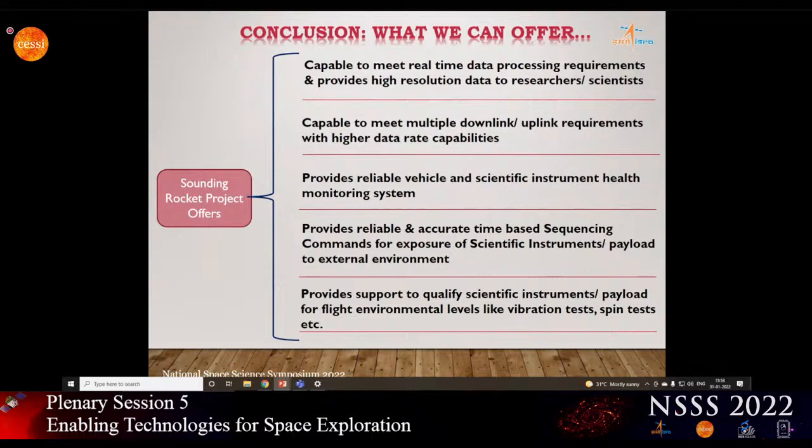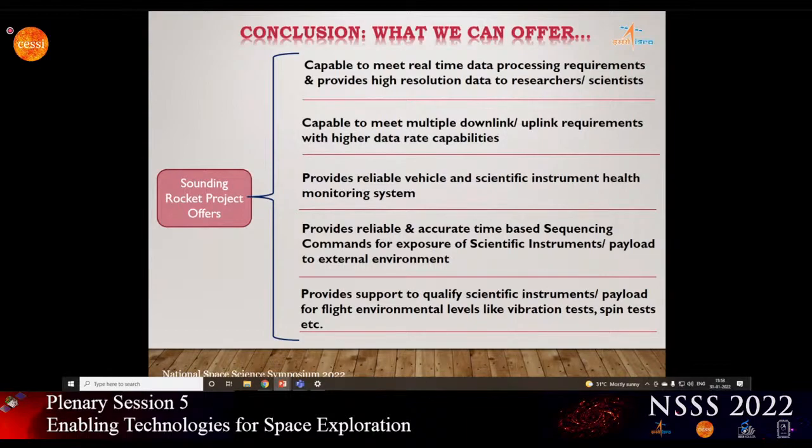Such data are always required by researchers for their space experiments, so they need not compromise on data rates. As already informed, we can provide 8 Mbps of data rate in the real-time domain. We also have the capability to provide multiple downlinks and uplinks at the same time, with varying data rate capabilities, in the same sounding rocket mission.